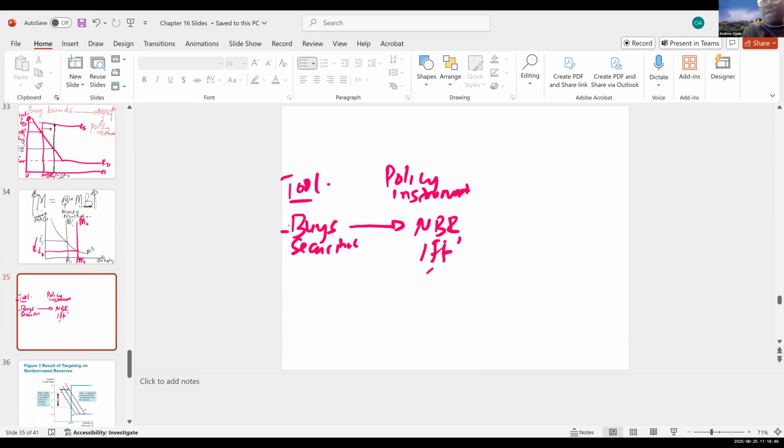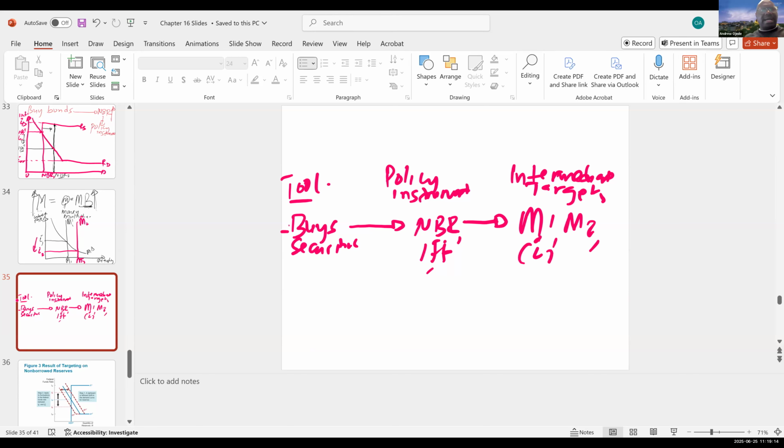And then once this changes, since reserves are part of the monetary base, that's going to affect the monetary base and money supply. So that's going to affect what they call the intermediate targets. The intermediate targets are things like money supply, like M1, M2, and the market interest rate, which is this guy here.